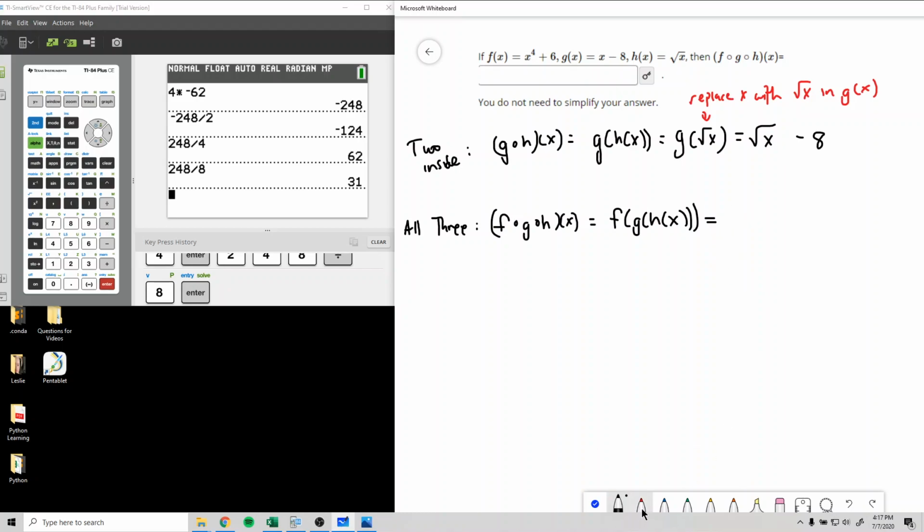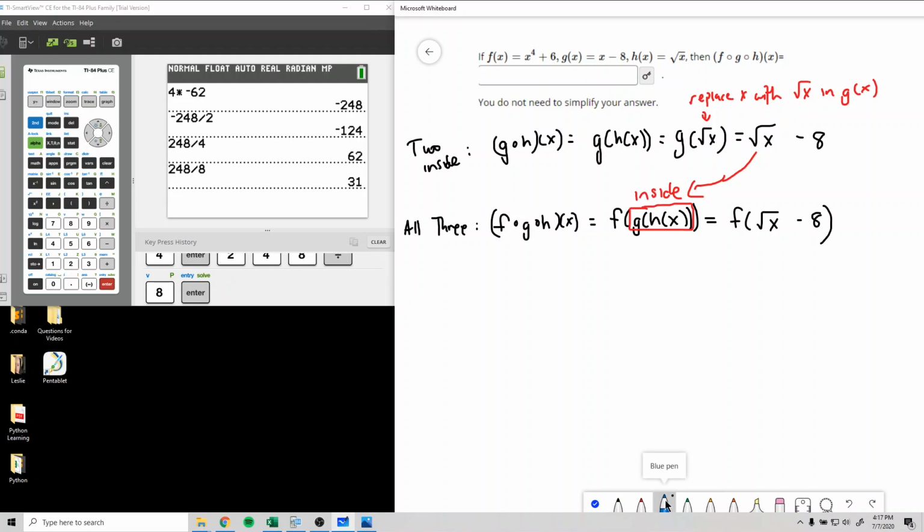And the nice thing about breaking this down into 2 steps is the inside is what we just figured out in the first part. It's the square root of x minus 8. So we got f of the square root of x minus 8.